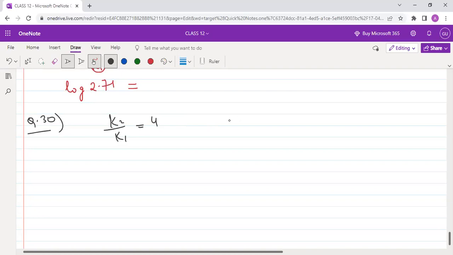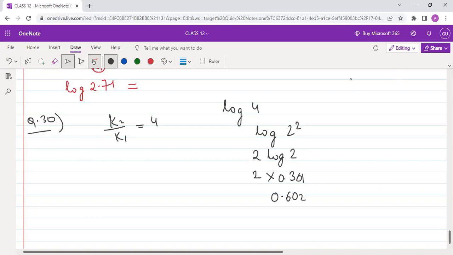Yeah, I checked it. See, log 4 you can remember like this because log 4 can be written as log 2 square and then the power will come in front. So it will become 2 log 2. And log 2 is 0.301. So you'll get the answer 0.602.